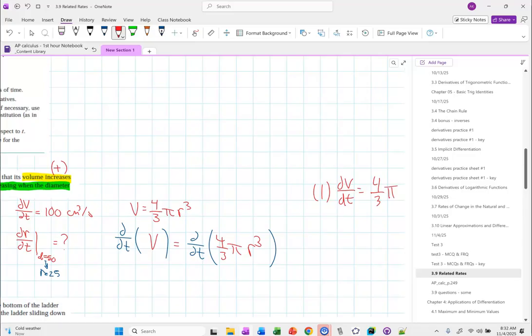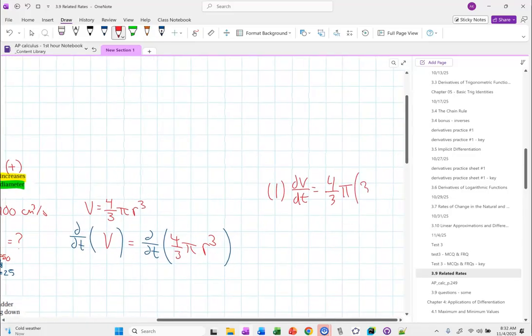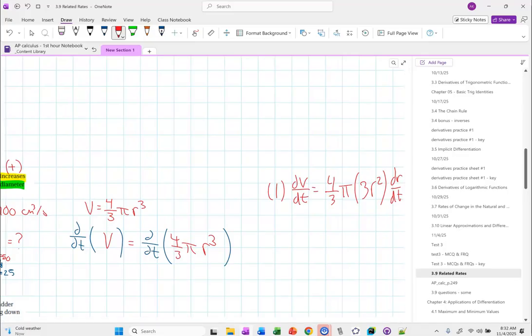Okay, 4/3 pi 3r squared dr/dt. Everybody agree with what I've written? And notice we can do a little bit of cleanup here. Right, that's nice.